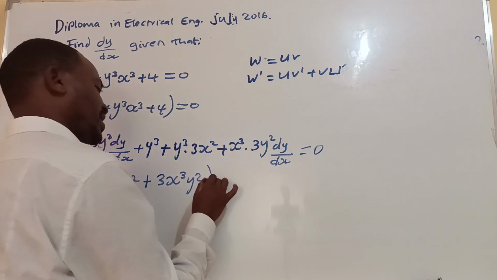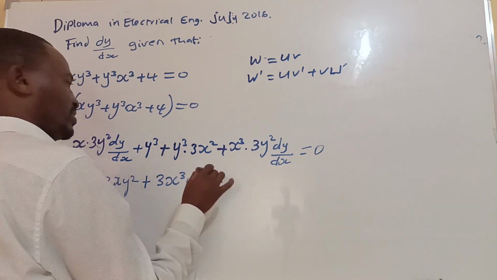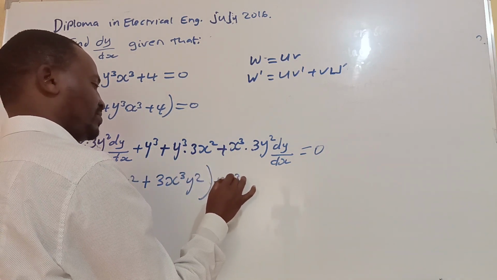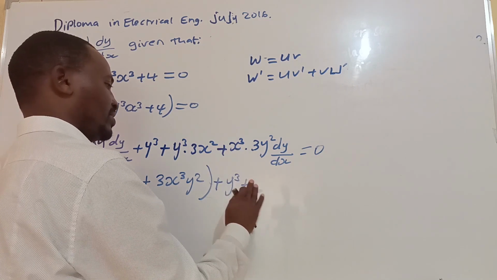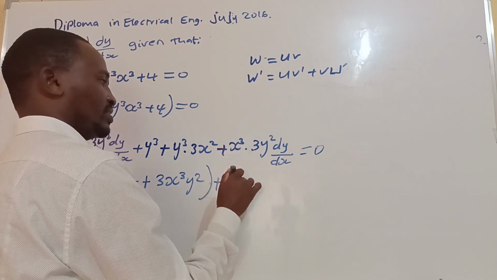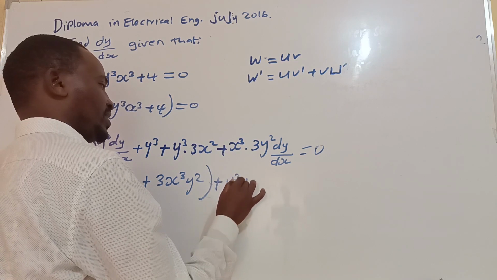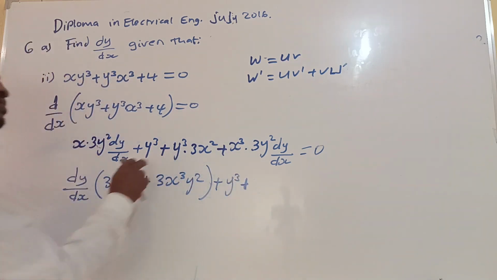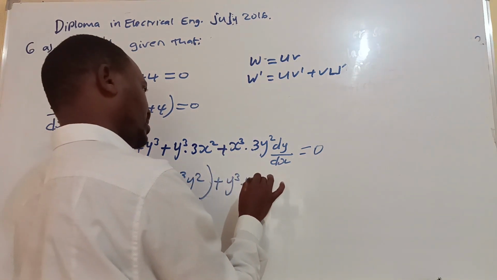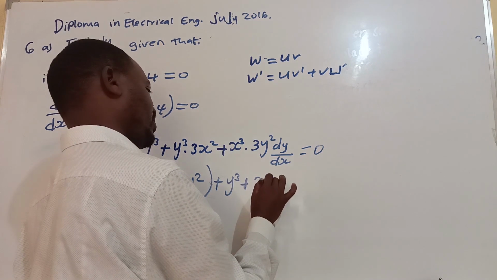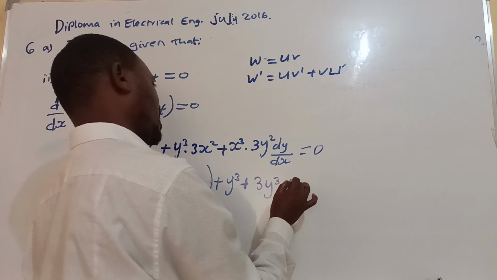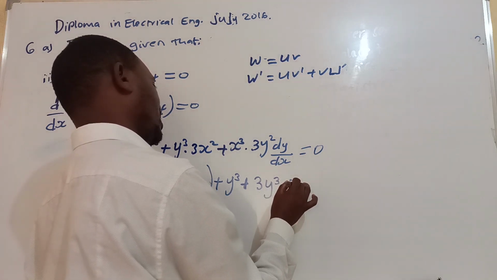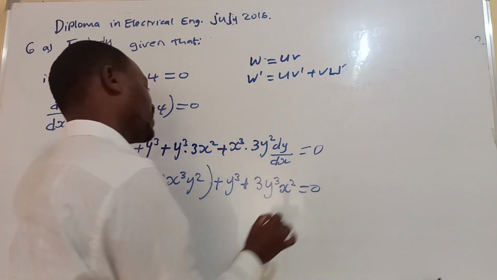We also have plus this one y cubed, plus this one 3y cubed x squared, is equal to 0.